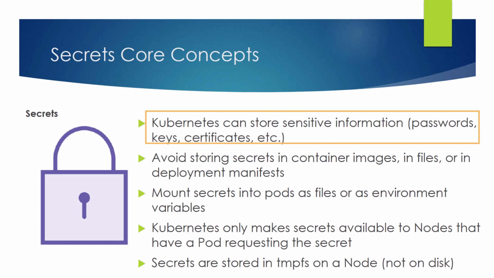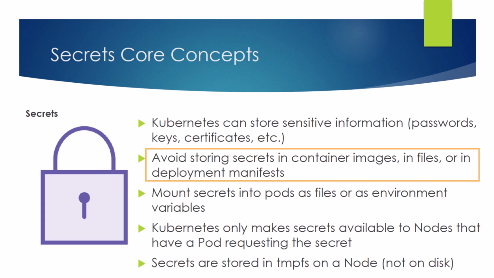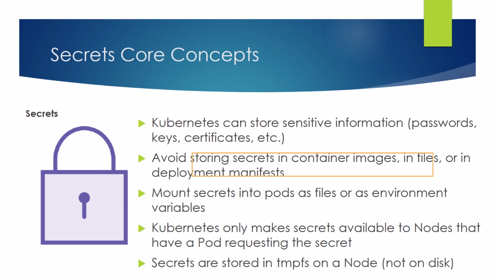Again, passwords, keys, certificates, and those type of things. Now that avoids us storing secrets in container images and files or deployment manifests, all of which could easily be compromised compared to putting this somewhere that's designed to store this type of data.